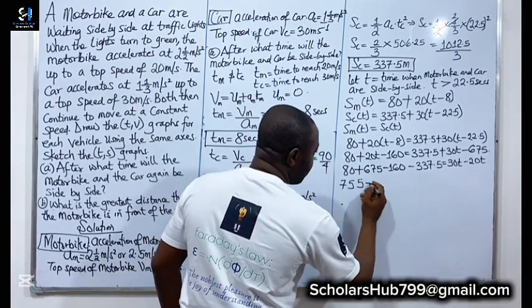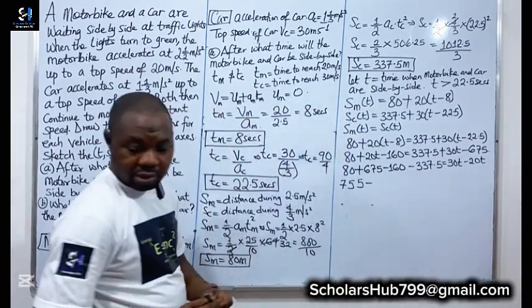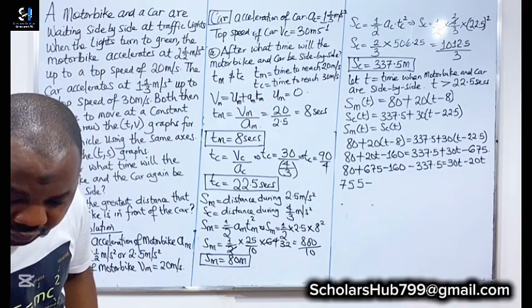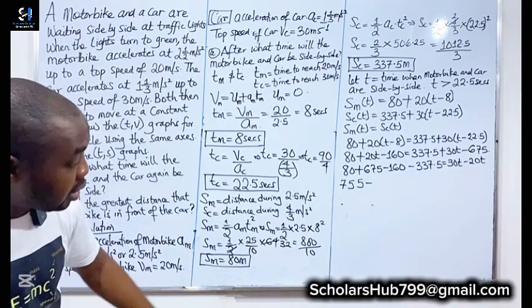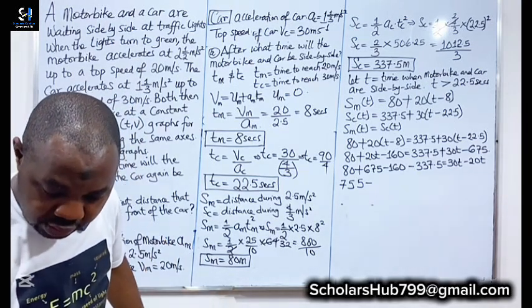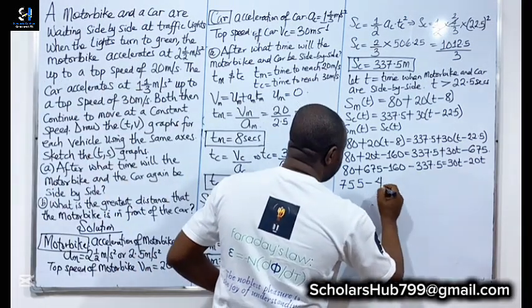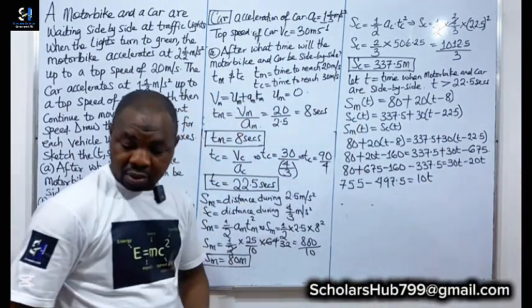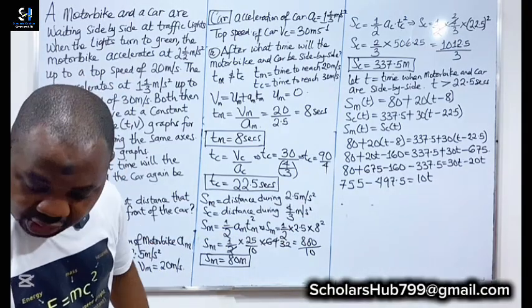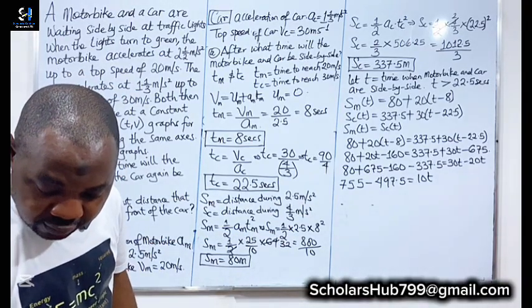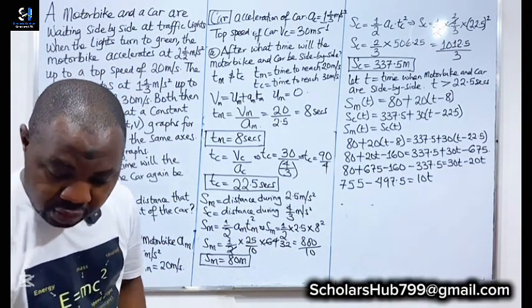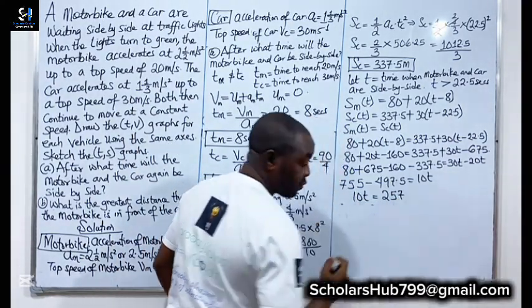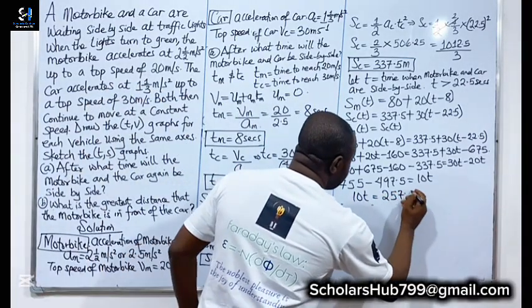Then minus 337.5, when added to 160, that'll be 497.5, equals 10T. So when we subtract 497.5 from 755, 10T will be equal to 257.5.